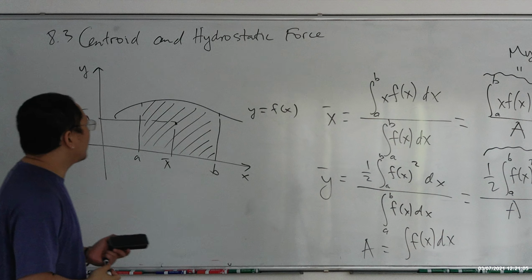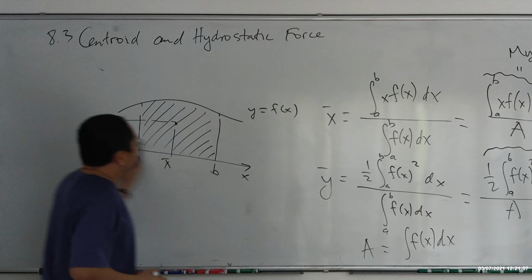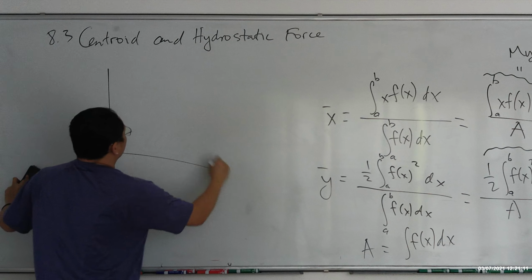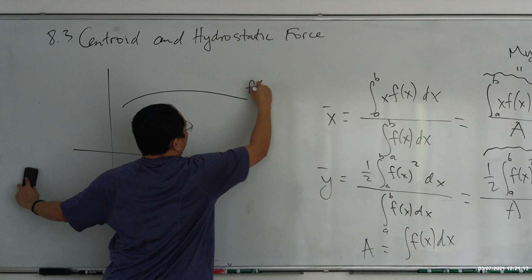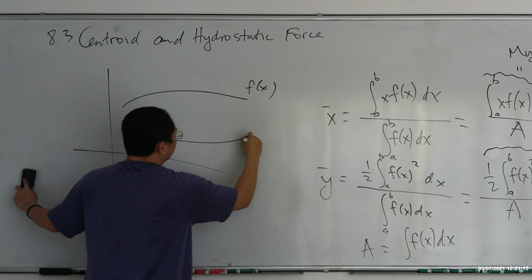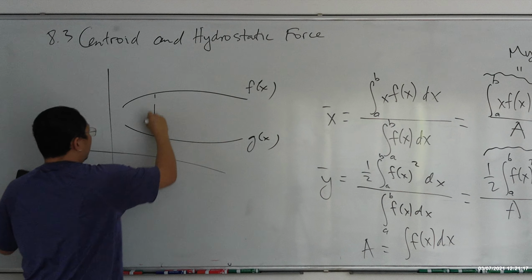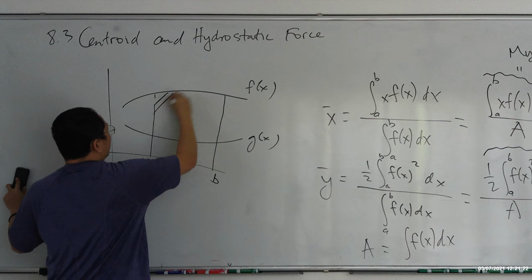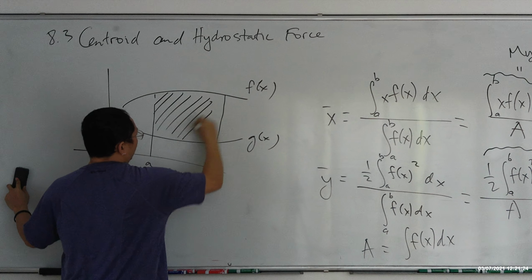Okay, a more general case. Instead of having one function, what if you have two functions? This is your function f of x, and this is your function g of x, and x runs from a to b. This is the region that you want to find the centroid, or center of mass.